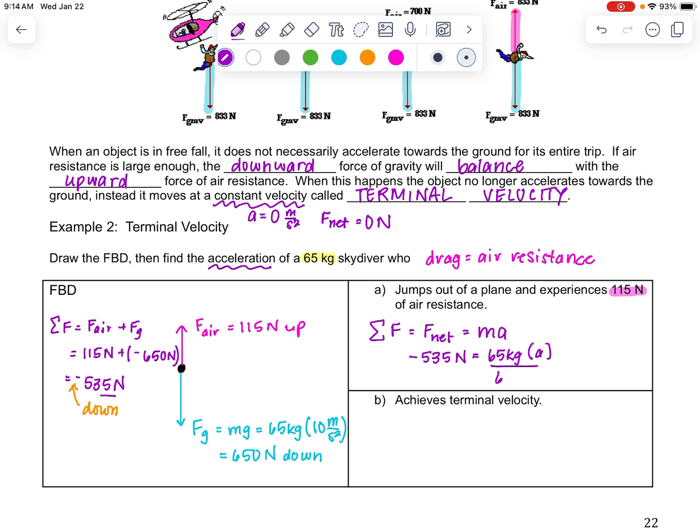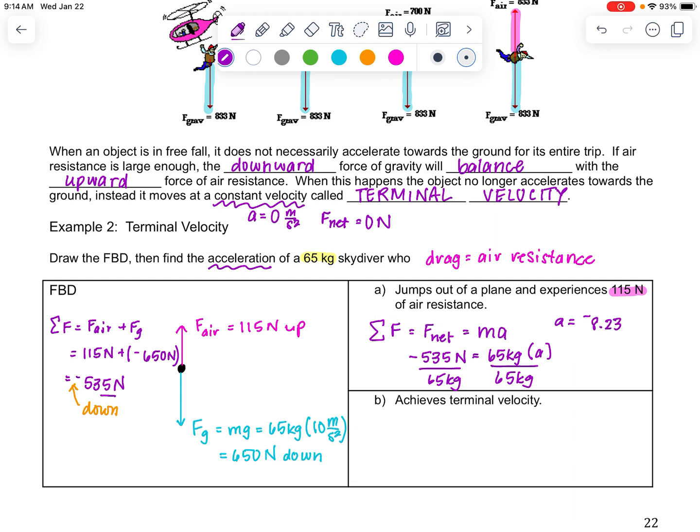Now I just use the power of algebra, divide by kilograms. So my acceleration ends up being, put it in my calculator. Sorry, give me a minute. Oh, there we go. Negative 8.23.